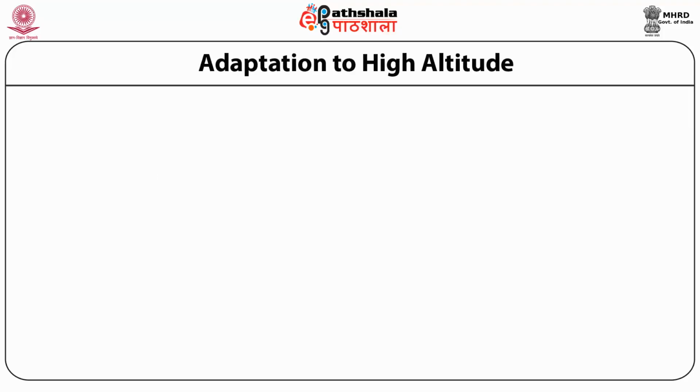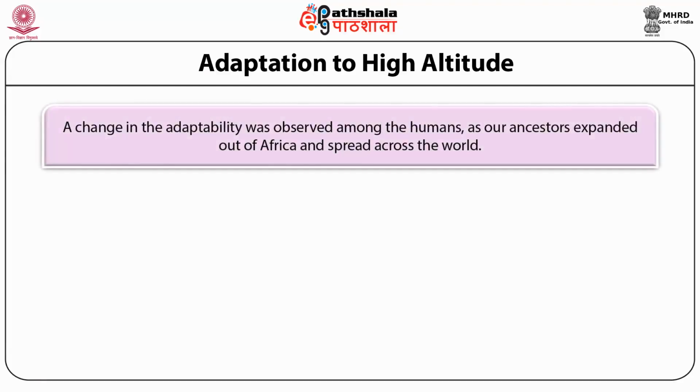Let's see how natural selection helps in adaptation to high altitude. A change in adaptability was observed among humans as our ancestors expanded out of Africa and spread across the world. One particular challenge was adapting to high altitude and overcoming the physiological stress.